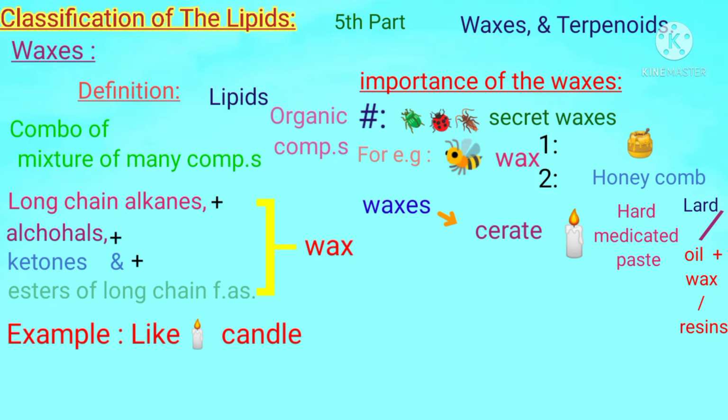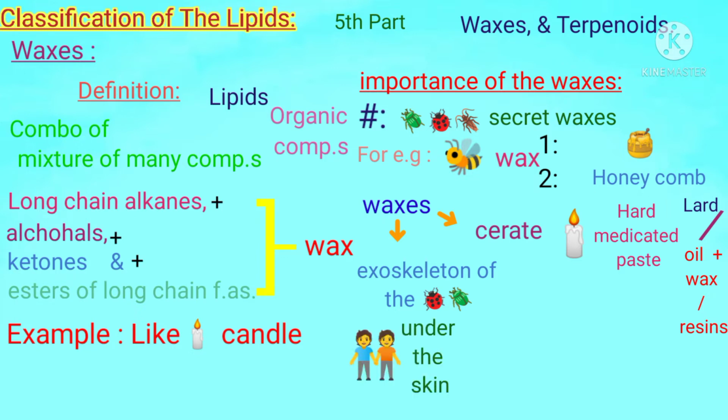Students, any of various substances of either mineral origin, plant origin, or animal origin that are solid at room temperature and insoluble in water are also called waxes. So waxes are present in the exoskeleton of the insects, but students, in most of the animals waxes are present outside, upward of the skin, but in our bodies, in humans, waxes are present under the skin.